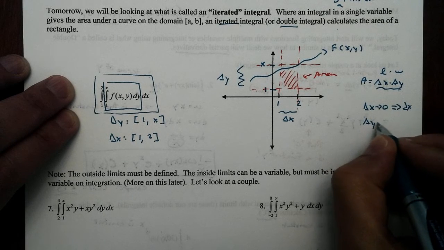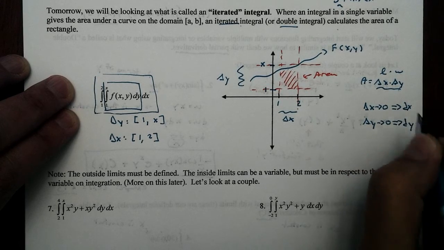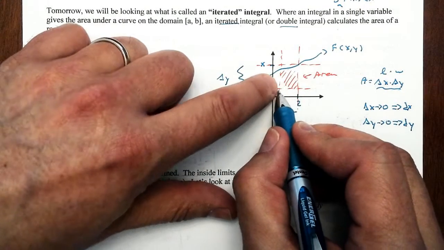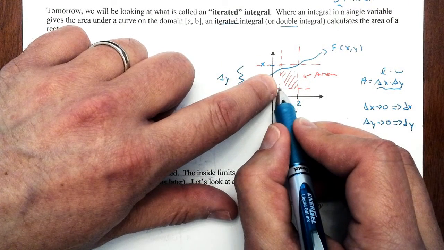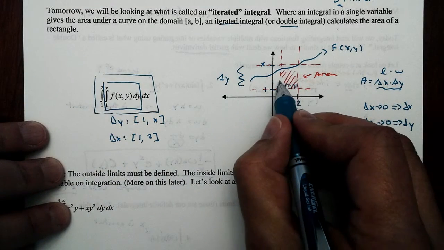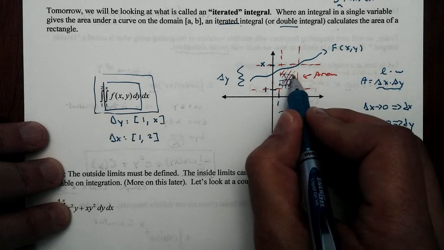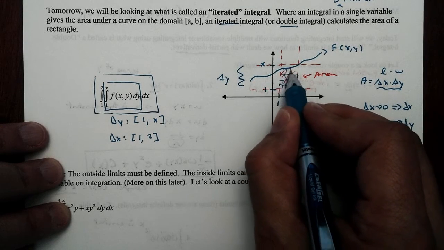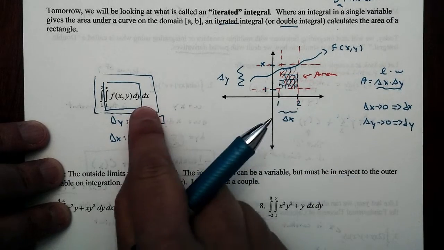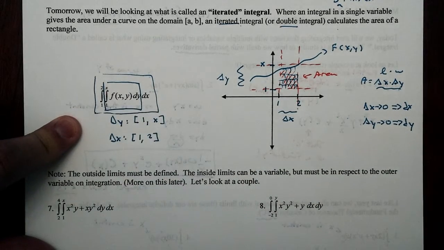As delta y goes to 0, this becomes dy. As these distances get smaller and smaller, we're looking at very tiny little rectangles that we're just going to add up. We keep adding up all the infinitely tiny rectangles until it fills in this little area. And what adds up all of those tiny little rectangles, lengths and widths, is our double integral.